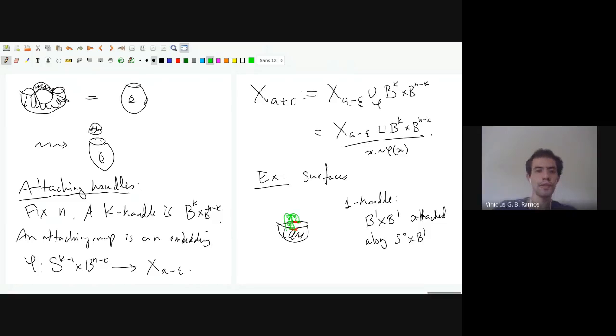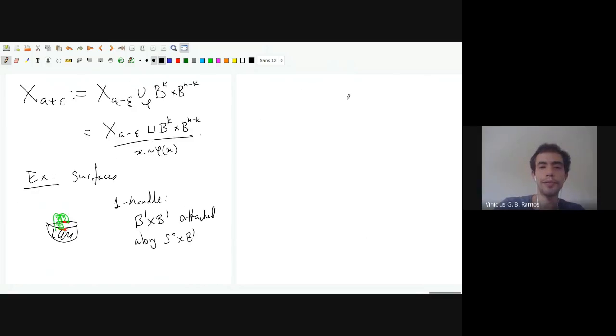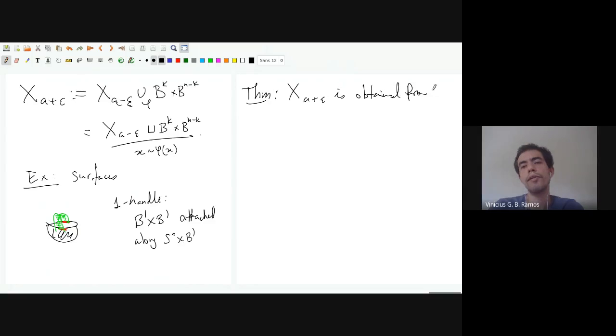So I guess the theorem, as you can call it, which we basically proved now with this argument, is that X_(a+ε) is obtained from X_(a-ε) by attaching a k handle.